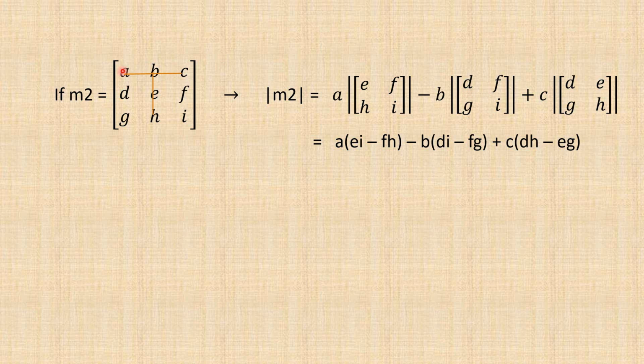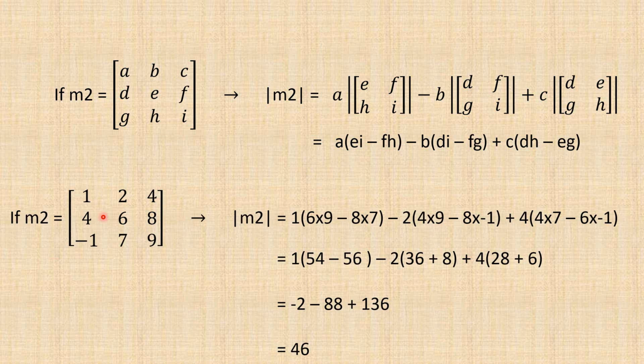We can get the submatrix by ignoring the row containing B as well as column containing B. Plus C multiplied with determinant of another submatrix, which you can get by ignoring the row and column containing C. And finally, this is the equation we got to find out the determinant of this 3 by 3 matrix. Then if we consider this as an example, then we got 46 as the determinant of that 3 by 3 matrix.